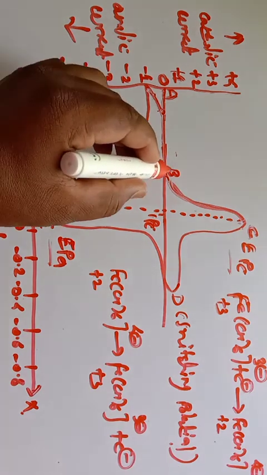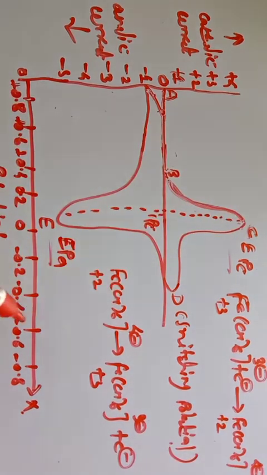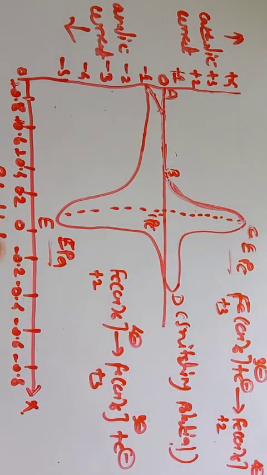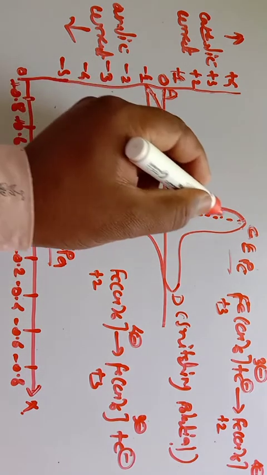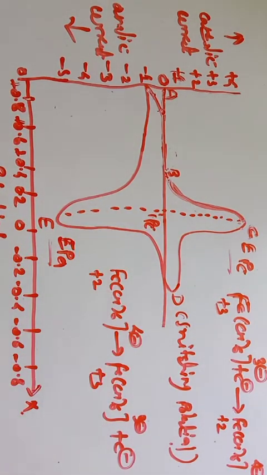At point B, the reduction of Fe plus 3 starts and we get maximum current at point C. And after that, when there is no Fe plus 3, no ferricyanide, the current rapidly decreases and we reach this point D, which is known as your switching potential.